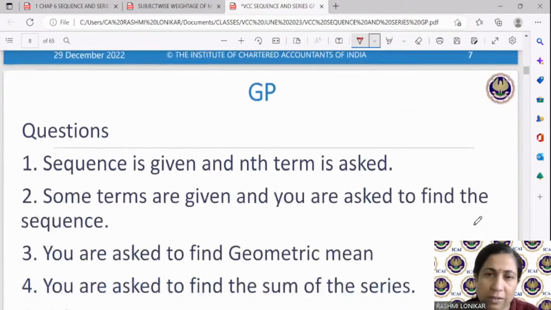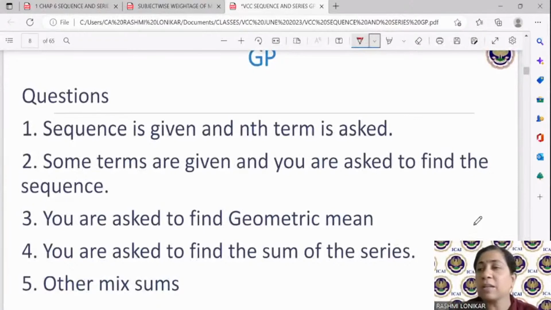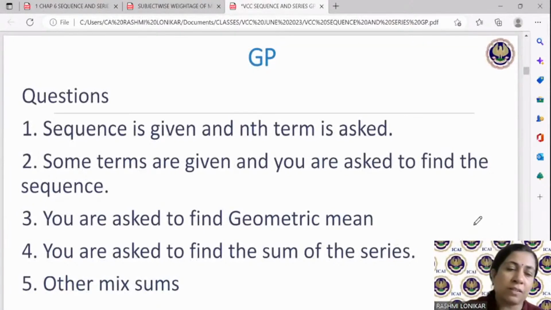As we discussed in AP, similarly in GP you will have these types of sums. First, the sequence is given to you already and you are asked to find the nth term. Second, some terms are given and you are asked to find the GP, the progression. Third, you are asked to find the geometric mean, and fourth, you are asked to find the sum of the series.